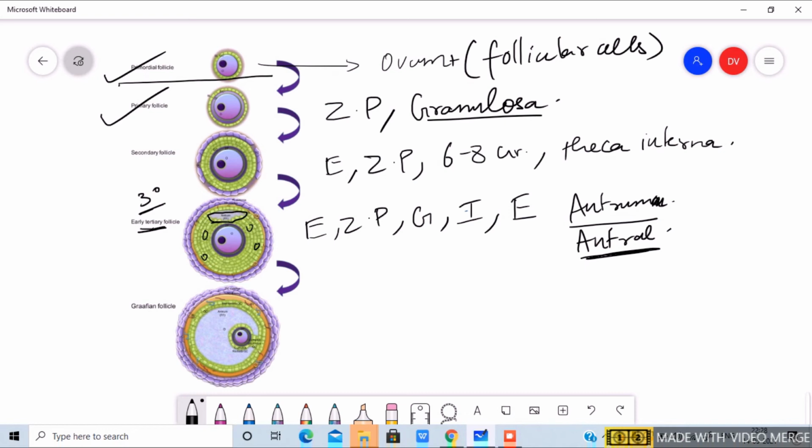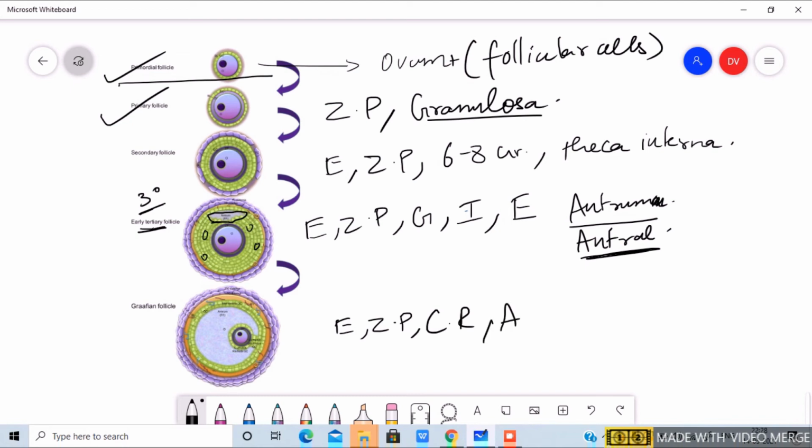Finally, all these cavities will join together and form a big crescent shaped cavity. That is the antrum. And you guys can evidently see that the egg is surrounded by the zona pellucida, that is surrounded by tiny little layers of cells which is known as corona radiata. Then you have the antrum, right?